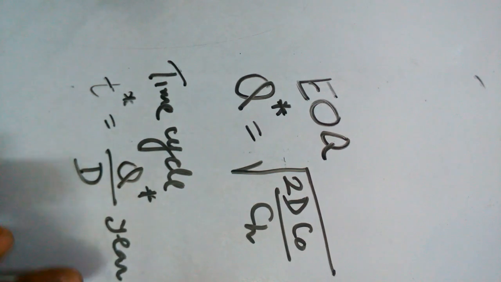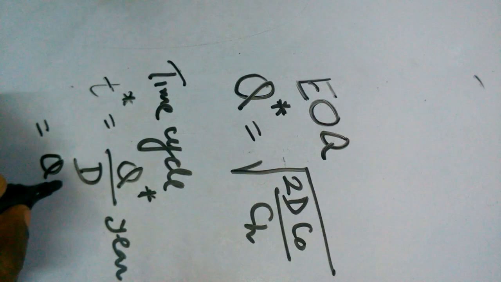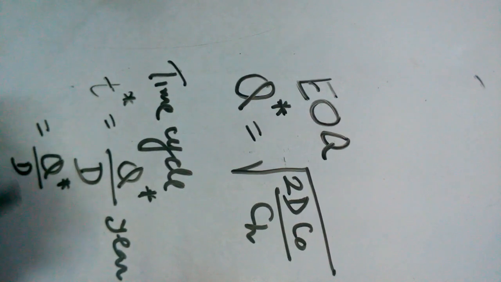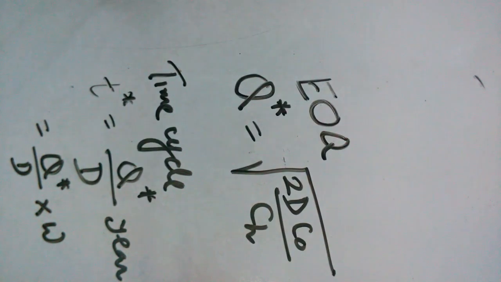So this is the year. Answer will come in years. If you want to convert into month, W. If you want to convert into month, then you multiply with W, that is the working days. Now W means working days, number of working days.